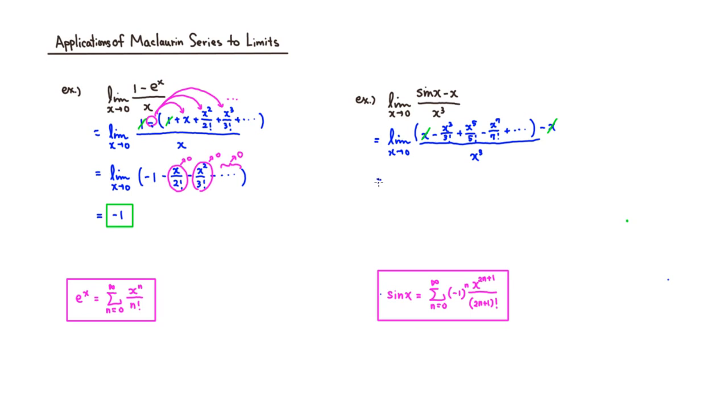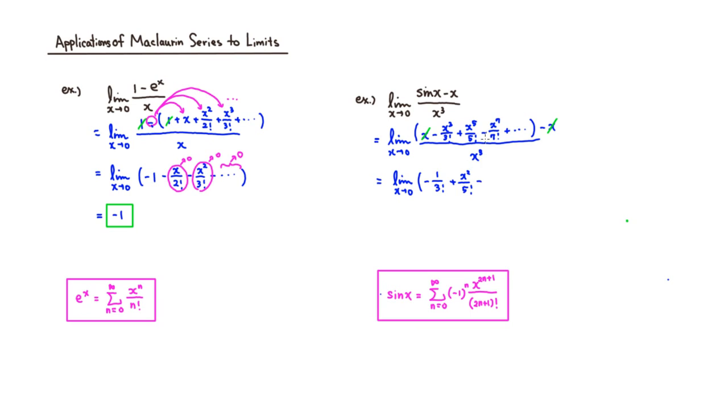So this is going to give us the limit as x approaches 0. You have a negative x cubed over 3 factorial, which would be negative 1 over 3 factorial. Next would be plus x to the 5th over 5 factorial divided by x cubed, so that's going to be x squared over 5 factorial.